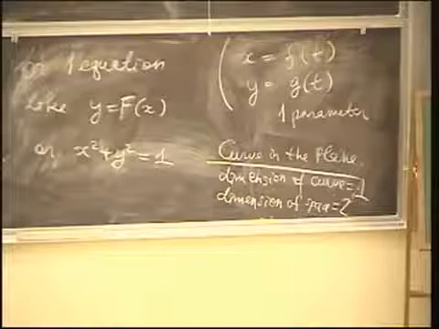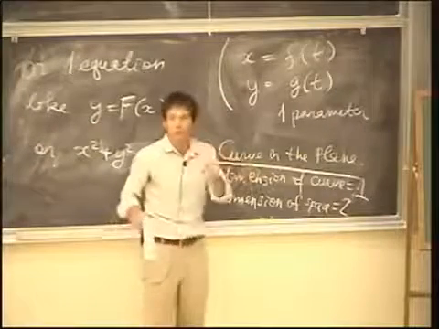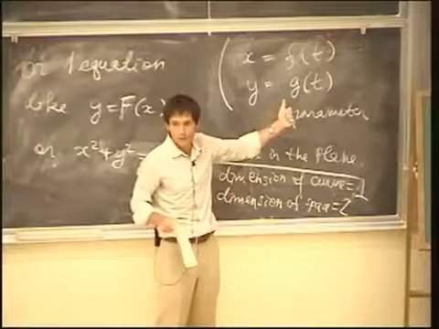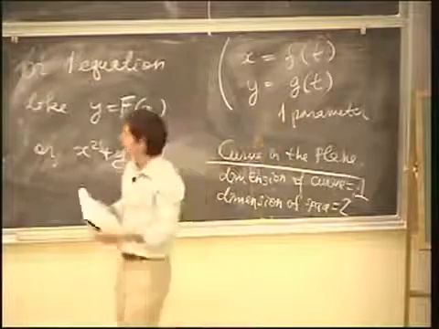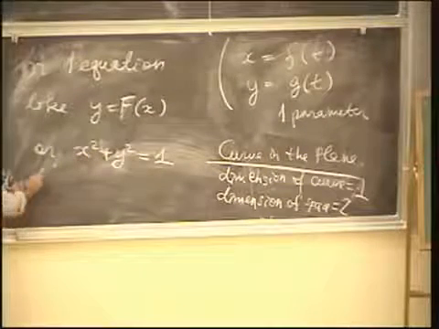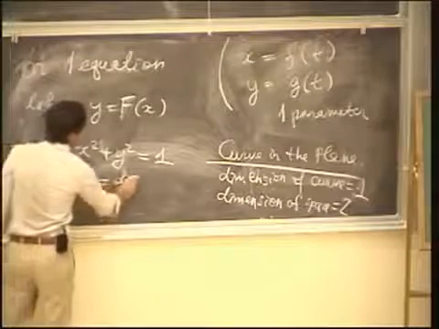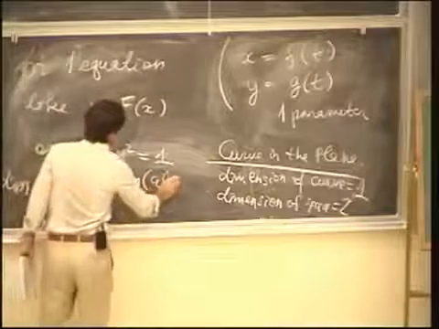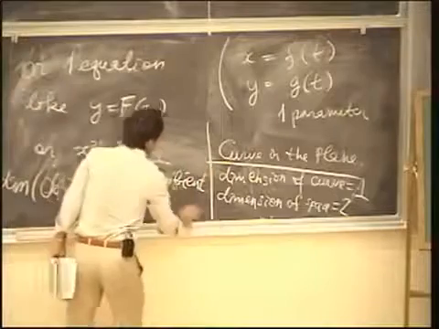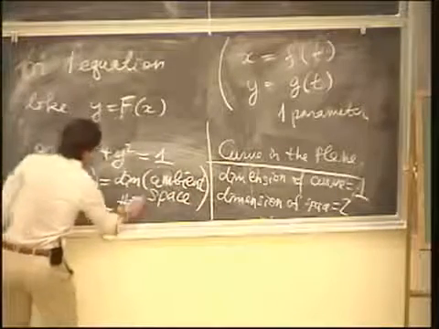So when you parameterize it, the number of parameters is going to be equal to the dimension of your object. In this case, the dimension is 1, so there is one parameter. But the dimension of your object, as I explained earlier, is equal also to the dimension of the ambient space minus the number of equations.